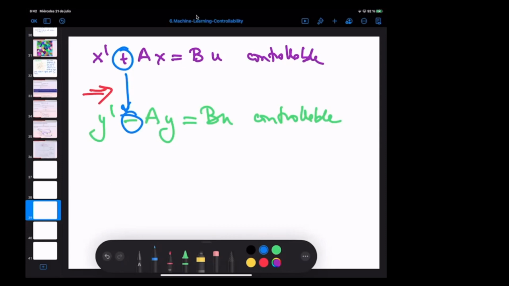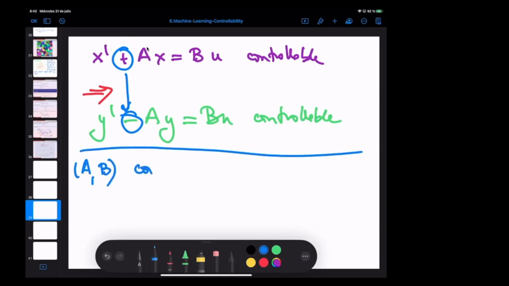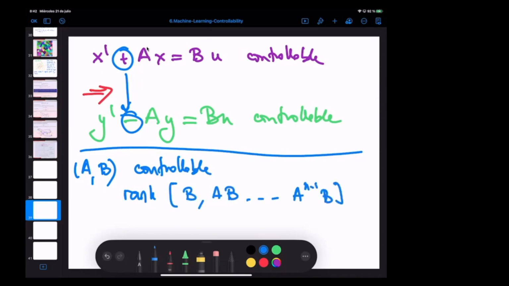Do you have a guess for this? Ma says yes. What will be the proof, Ma? Kalman rank condition. Very good. So you see that indeed, (A, B) being controllable means that the rank of [B, AB, ..., A^(n-1)B] is n, right?